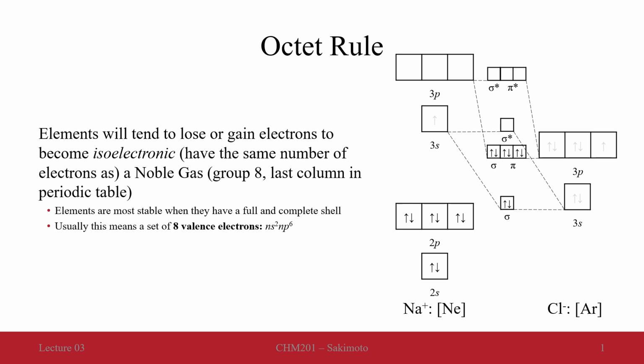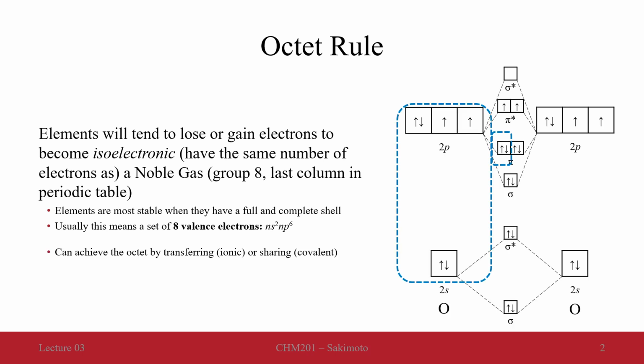The first shell, the 1 shell, only has an s orbital, so things like hydrogen and helium, as well as the lighter elements, are happy with just 2 electrons in the 1 shell, since that's a complete version for the 1 level. But nonetheless, this octet rule is a handy way for us to figure out how many valence electrons an element starts with, and how many it needs to gain or lose to get this nice full complete set of 8. In some instances, they may do so by transferring to form a cation and an anion, like in sodium and chlorine.